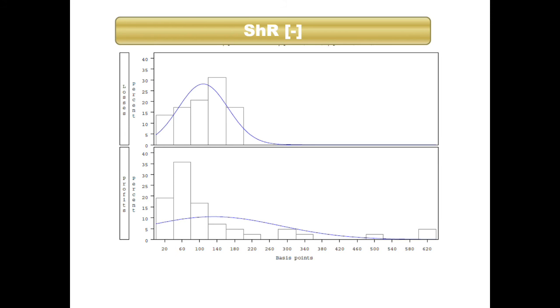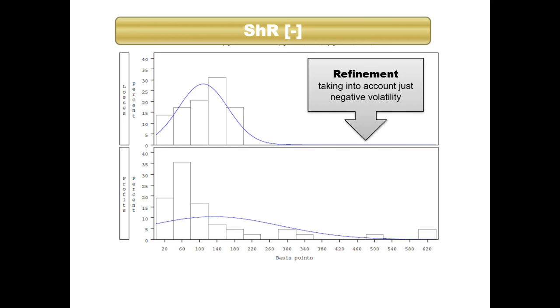The latter is reported on the top. The volatility that is indicative of the risk of the investment is just that referred to the losses. Hence, we focus on the top chart.